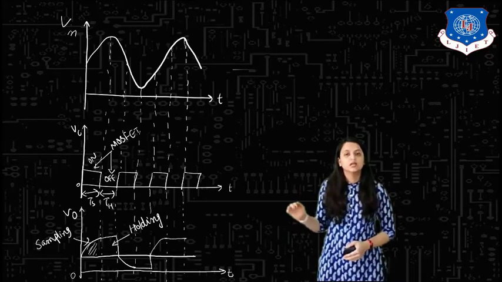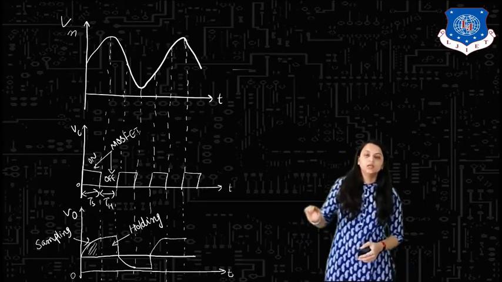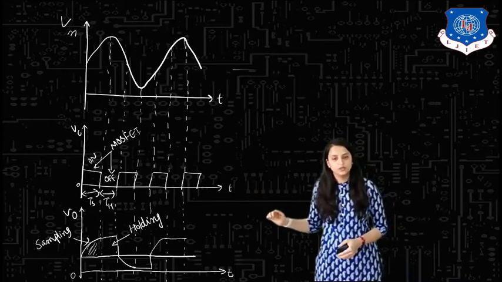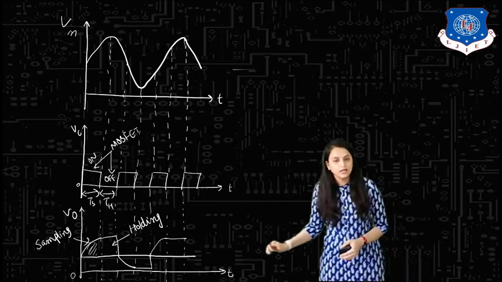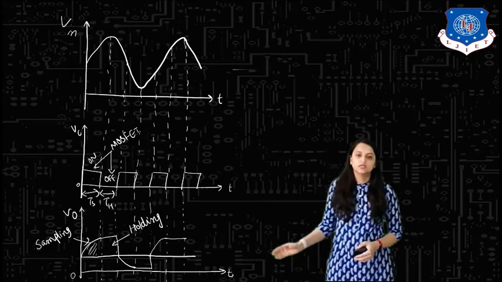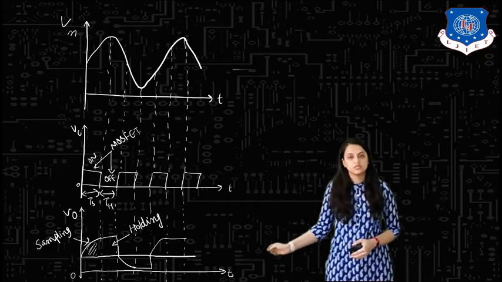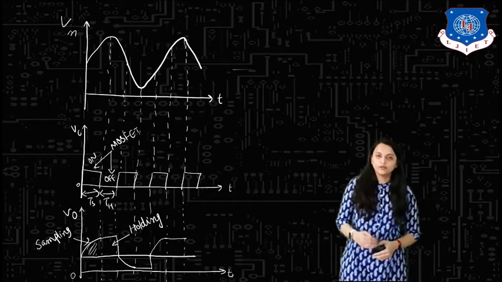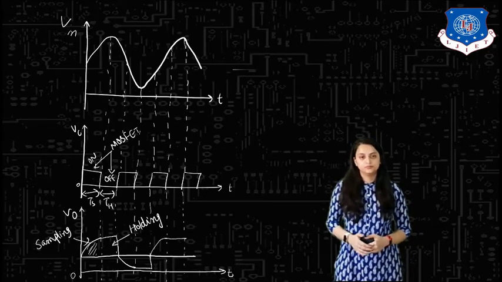Instead, it will hold to that particular level or value. Then when the MOSFET switch is on again, it will follow the input. So here it will start decreasing. Then it will again go into the holding state, and likewise this kind of waveform is generated by the sample and hold circuit. Clear? So the output will respond according to the MOSFET on and off times, and it will follow the input. Okay?